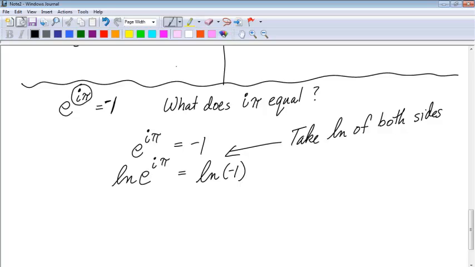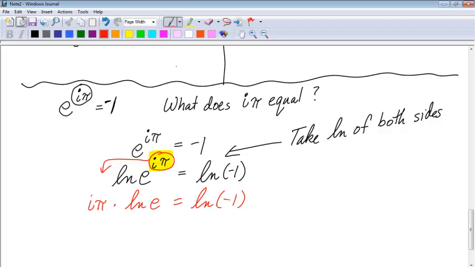Third law of logarithms says this exponent is going to go out front. So i pi times the natural log of e equals the natural log of -1.